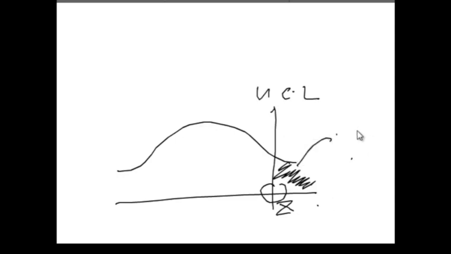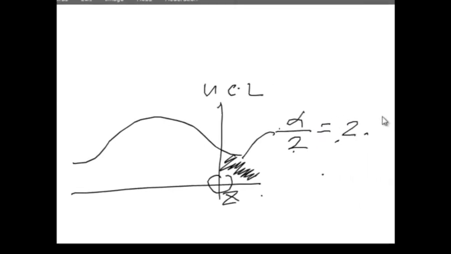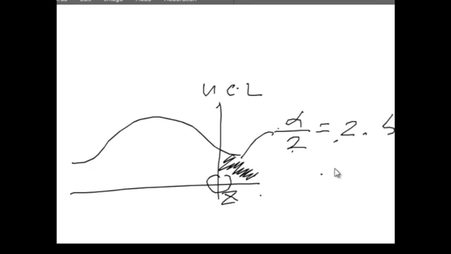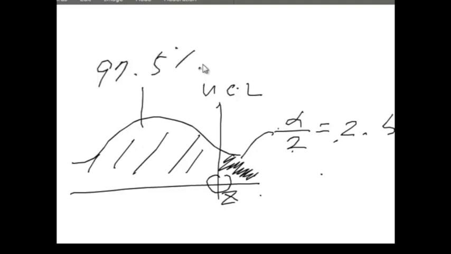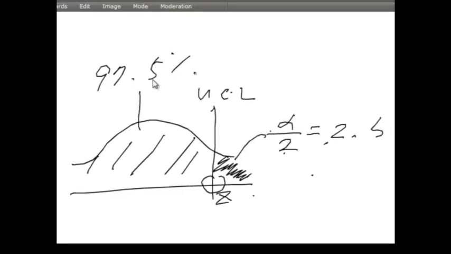No, it's a two-tailed test, therefore it's alpha over 2. In this example, alpha is given as 5%, therefore it's 2.5%. Then the area on the left side should be 100% minus 2.5, therefore 97.5%. So you have to look for this 97.5% in the standard normal distribution table.